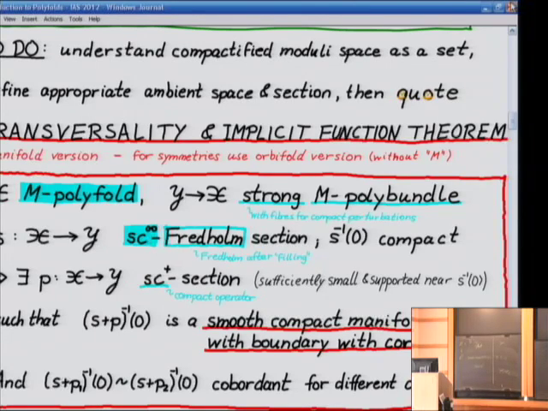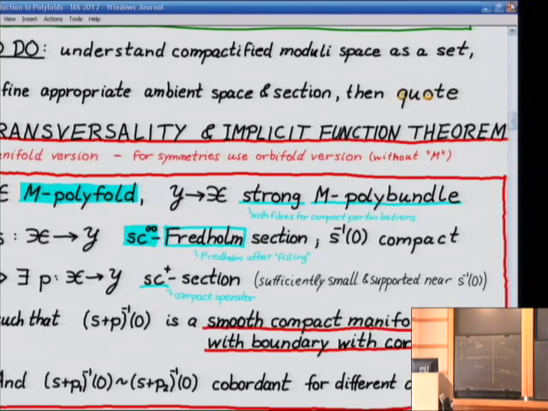In a finite dimensional bundle, you could take any perturbation and you'll get the result independent of the choice. Here, we'll need to restrict ourselves to a perturbation that's small in norm and supported near the 0 set. It won't be compactly supported because we're on an ambient space that's locally non-compact.